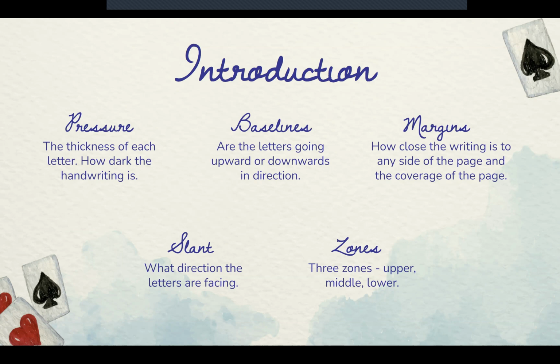The zones are the founding blocks of graphology. There are three zones: the upper one, the middle, and the lower. The lower is usually where your G's, your Y's, anything that goes below the line. Your middles are your A's, D's, E's, I, O, U's, and your upper zones are F, T's, K's.